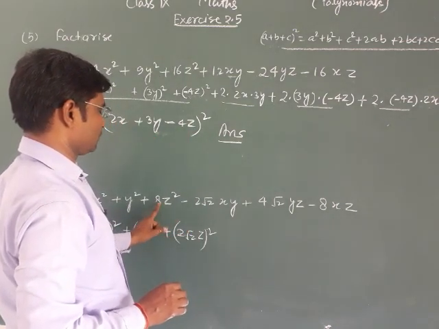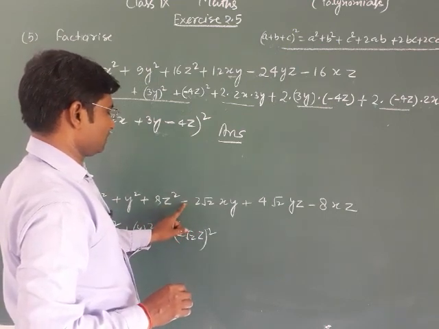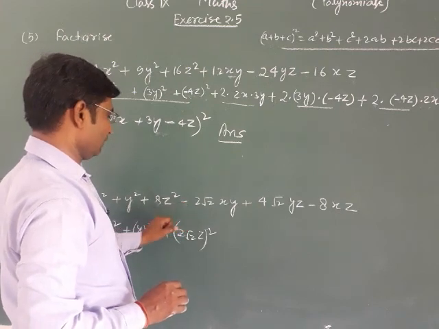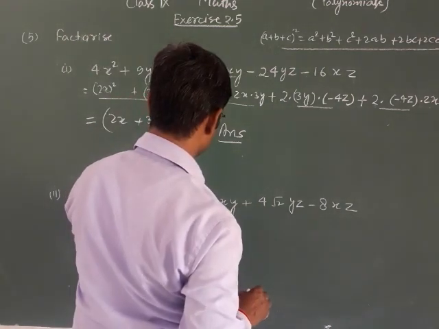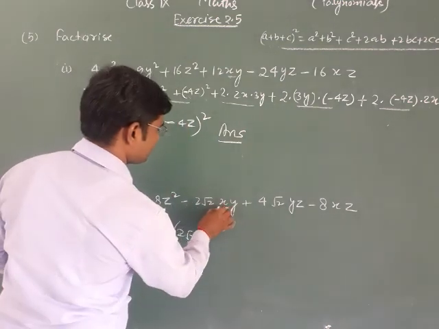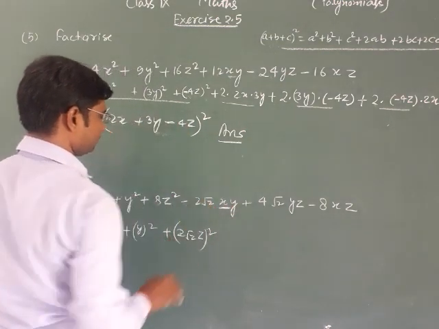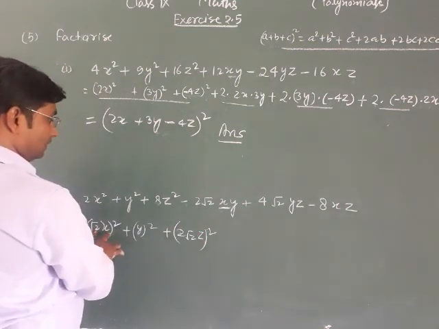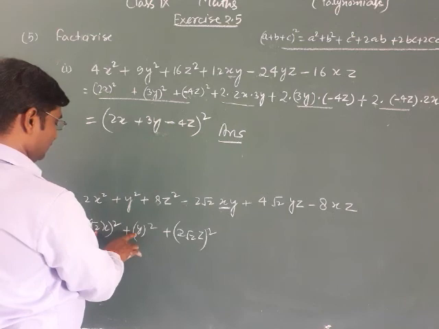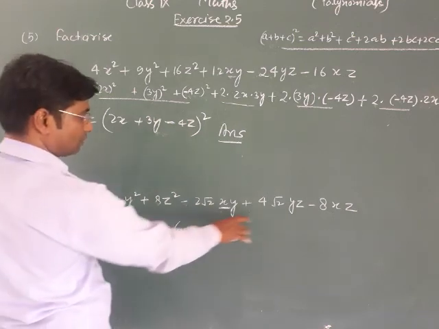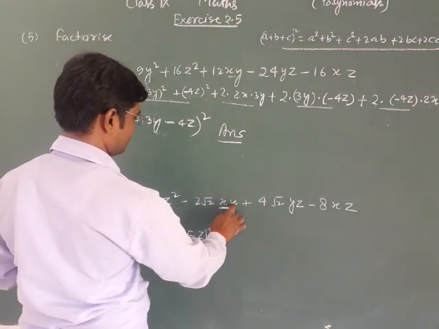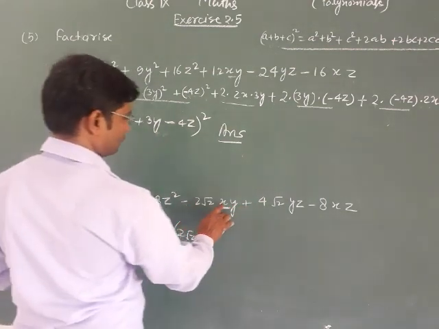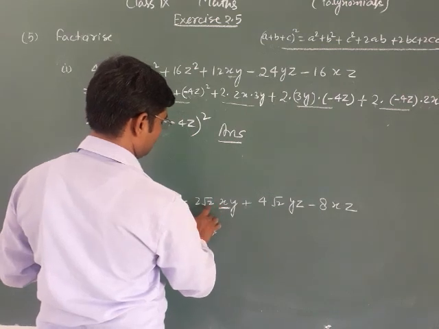Now the first is taken negative, so x into y is the product of the variables x and y, and both signs are negative.